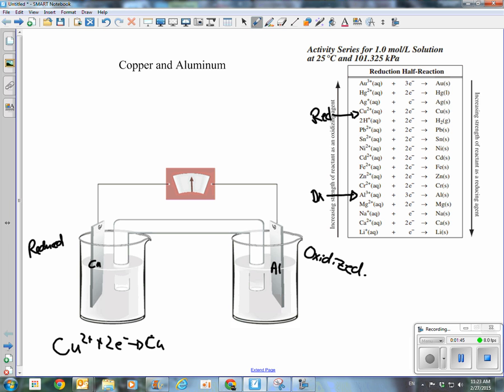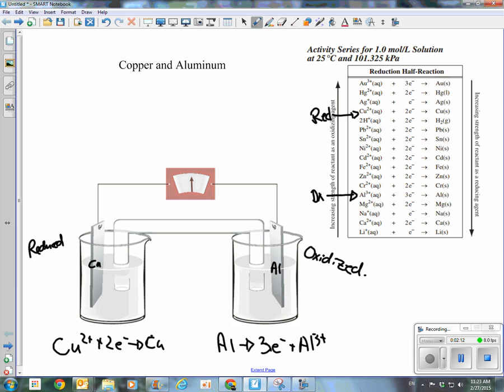Now aluminum is oxidized, so I'm going to write the reaction in the opposite direction. So I'm going to have aluminum, because I need to lose those electrons, go to Al3+ plus 3 electrons. Now note here that we don't have equal amounts of electrons.